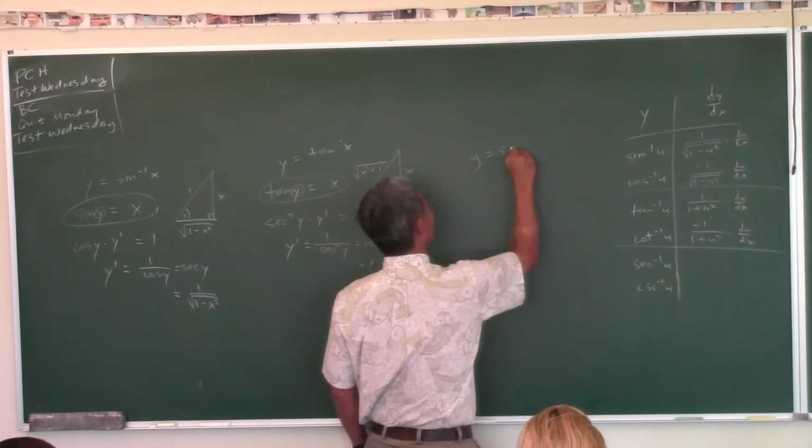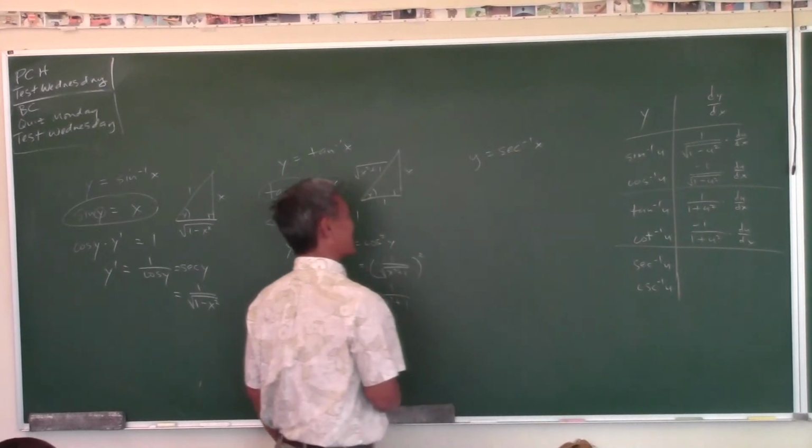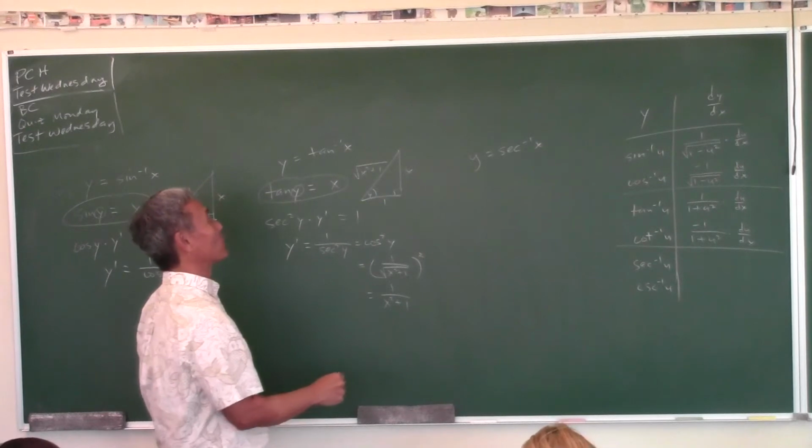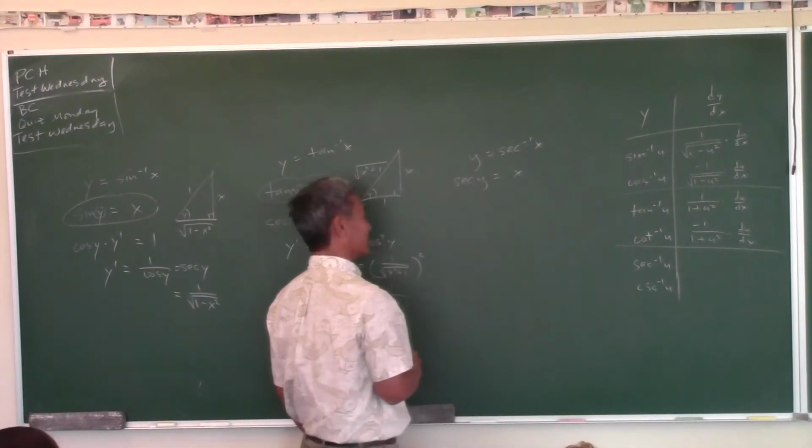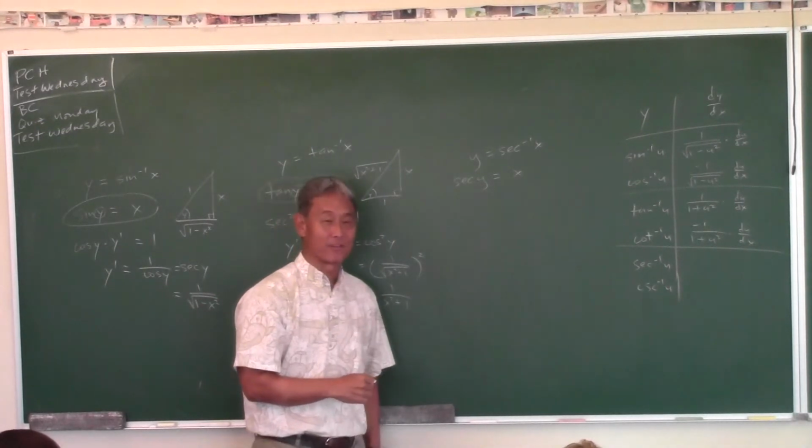y equals secant inverse x. What's the first step? Secant both sides. Secant of y is equal to x. Okay, do implicit differentiation.